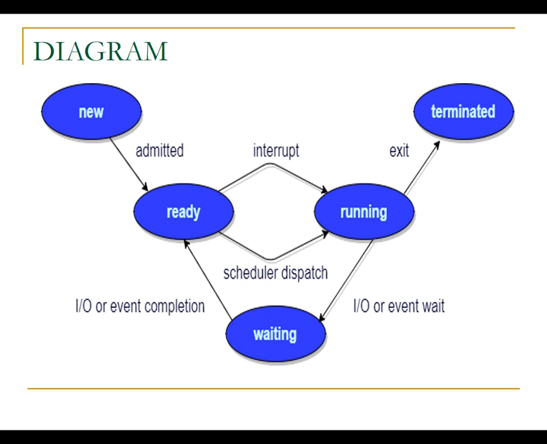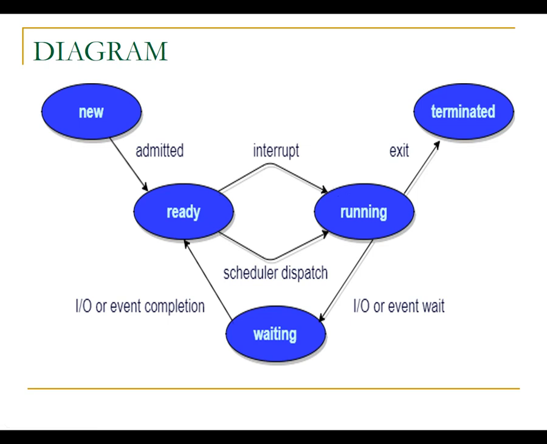But if the input output devices are free, then the scheduler dispatches that particular ready process into the running state. That means from ready to running the process can be switched.